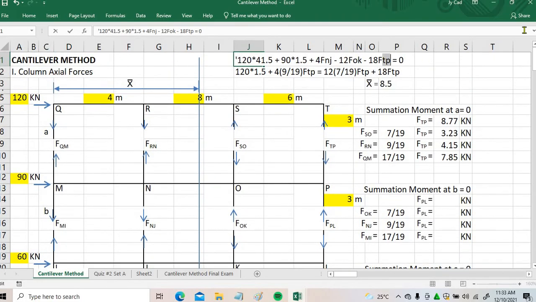Yan. And then this becomes now yung mga negative, ililipat natin yan dito sa right side. So magiging positive na sila. Something like that.